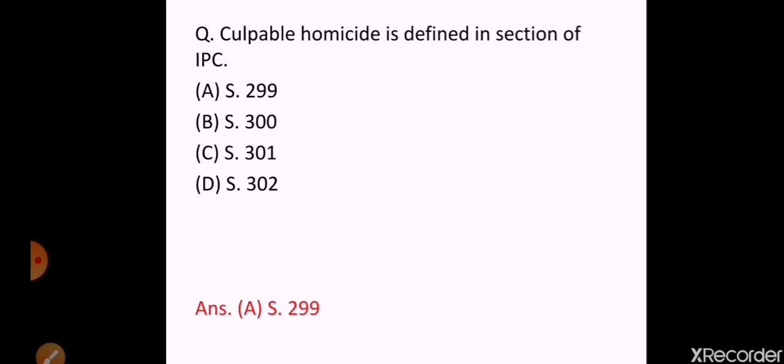Section 299 of IPC says, whoever causes death by doing an act with the intention of causing death, or with the intention of causing such bodily injury as is likely to cause death, or with the knowledge that he is likely by such act to cause death, commits the offence of culpable homicide. So I have already given this in my explanation of section 299.